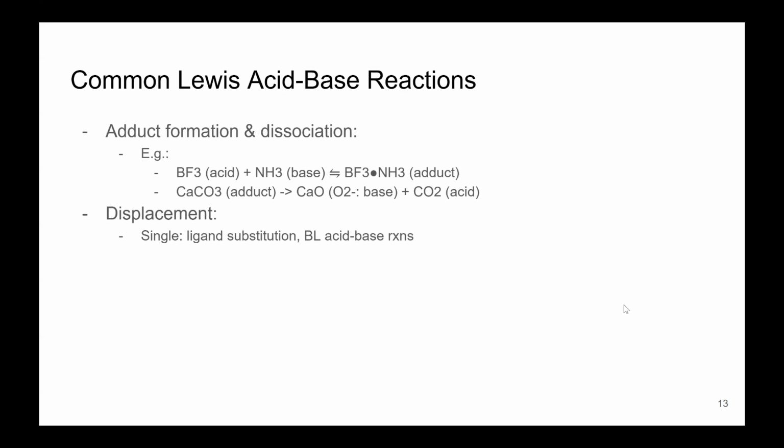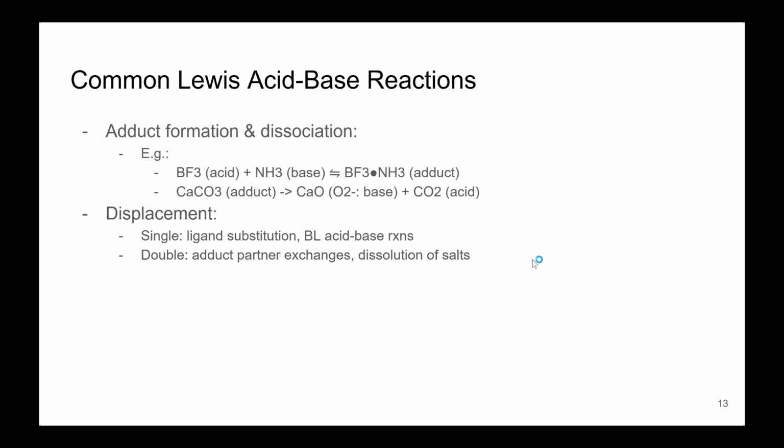And for your Bronsted acid-base reactions, you can have H plus and Cl minus gives you HCl, and the reverse reaction of that as well. So these all fall under Lewis acid-base reactions as well and fall under displacement.